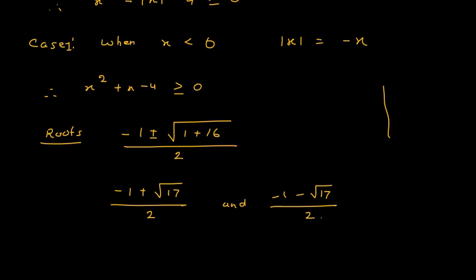If I plot the graph for this function x square plus x minus 4 along the y-axis, its value will be 0 at these points. So suppose here we have minus 1 minus root 17 divided by 2, and here minus 1 plus root 17 upon 2. So your graph will be something like this.